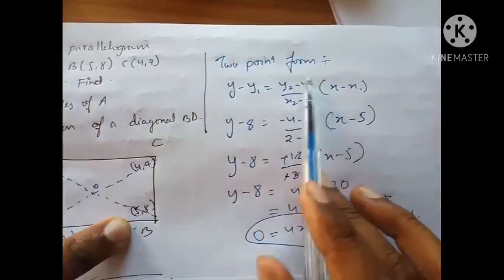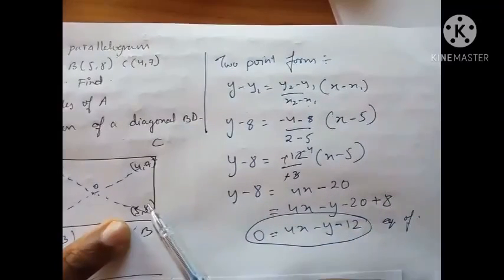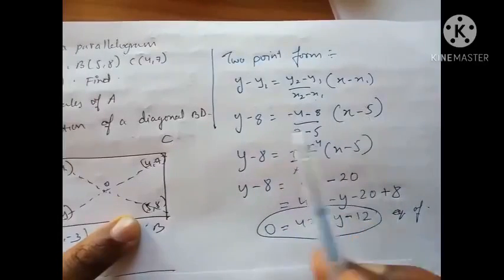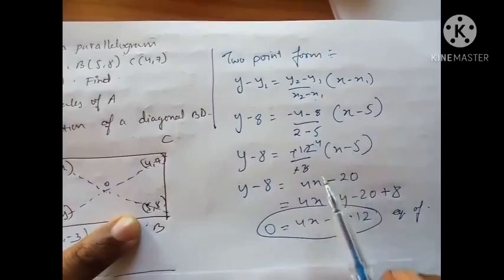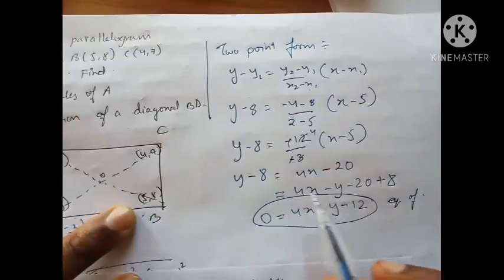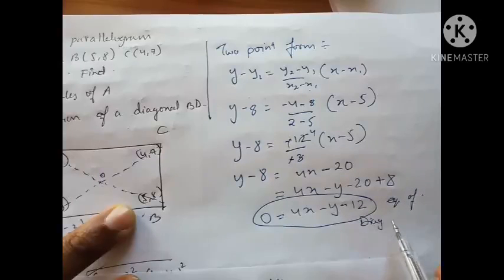I'm using the 2-point form, so you know what x1, y1, x2, y2 are. I put in the values I have got and solve it. So this is the equation that I get. You have to find the equation of the diagonal, so this is the equation of the diagonal. Which diagonal? BD.